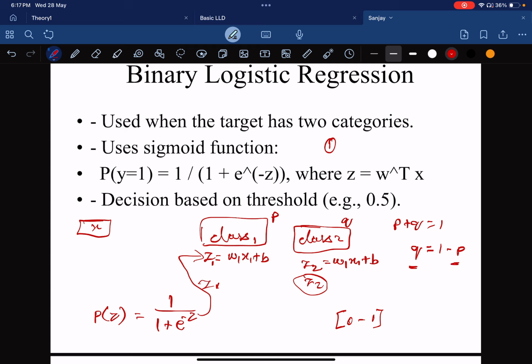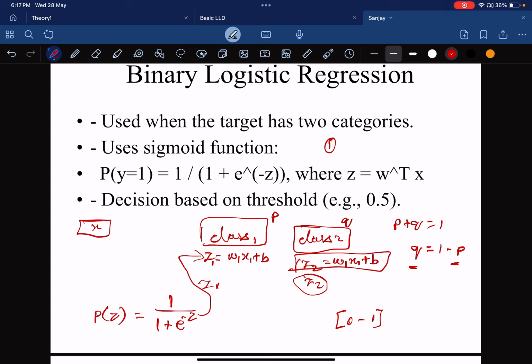So I don't need to train the model for class 2, and I don't need to put it into the sigmoid function. What I will do is write only one logistic regression for class 1 and train it for class 1.